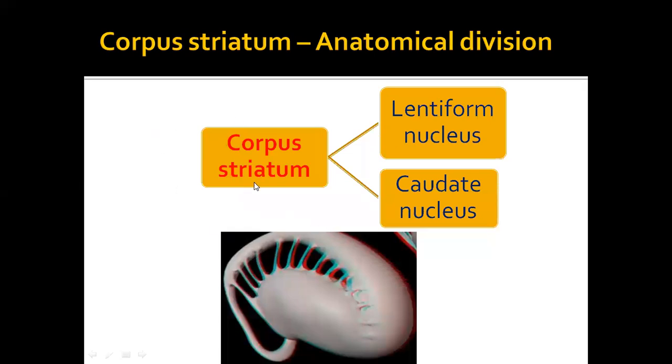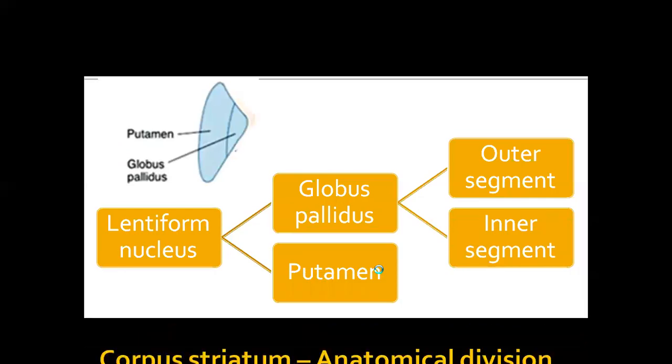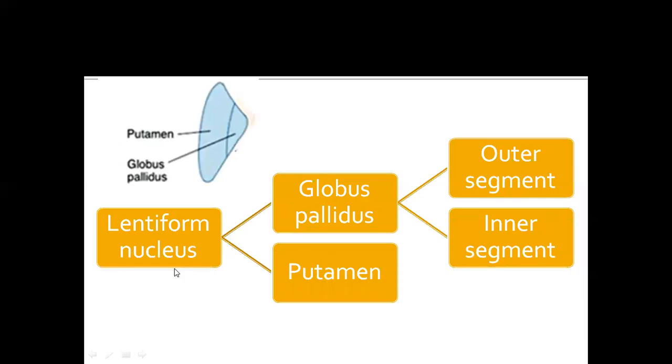Now, see here, the corpus striatum's anatomical subdivisions are the lentiform nucleus and the caudate nucleus. The lentiform nucleus is further subdivided into globus pallidus and putamen. So this whole thing is the lentiform nucleus. You can see the subdivisions.